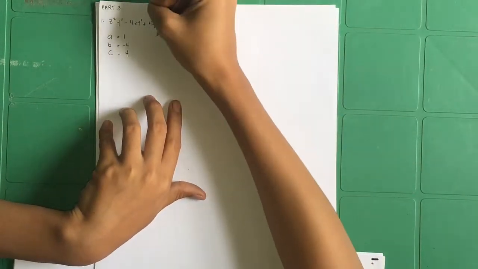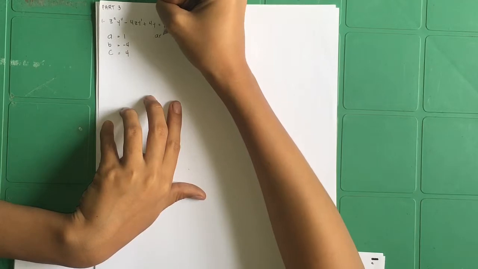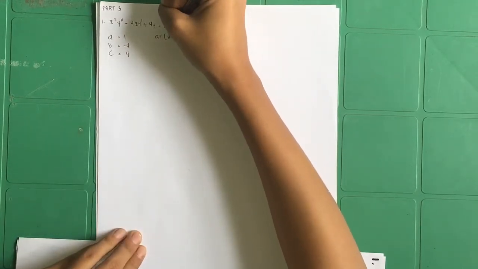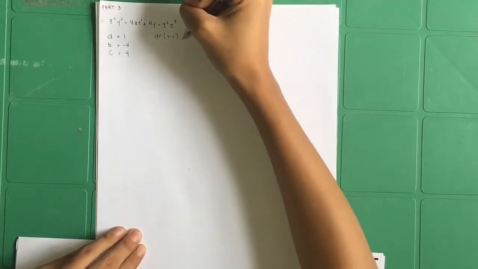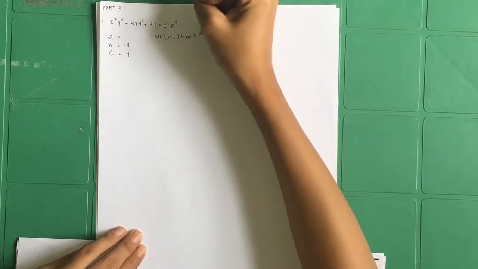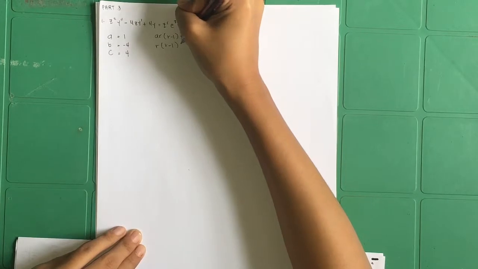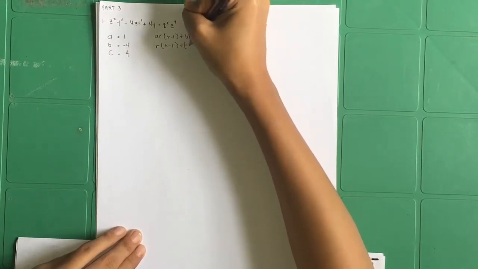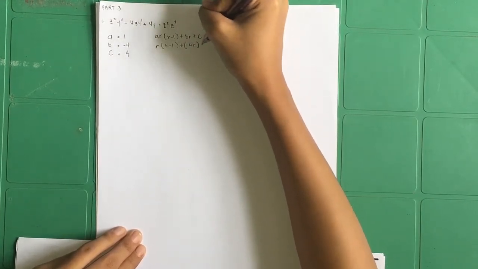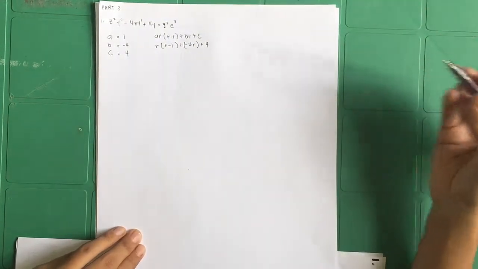For the second order non-homogeneous Cauchy-Euler, this is the formula. Then I need to substitute the values of a, b, and c. After this, I need to solve it.